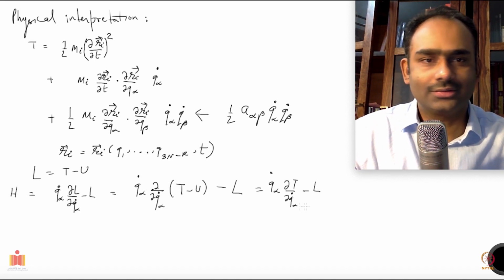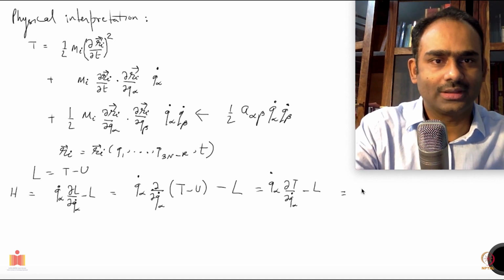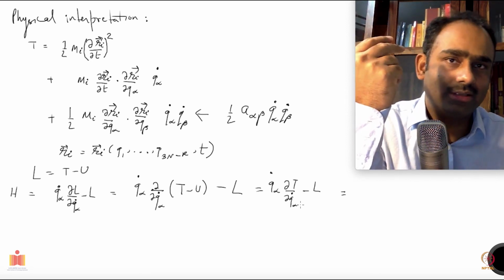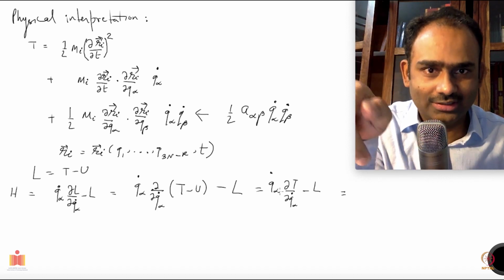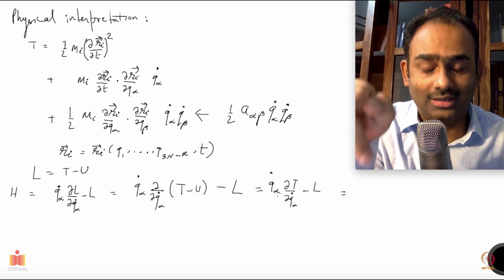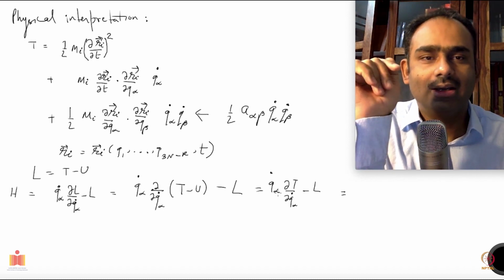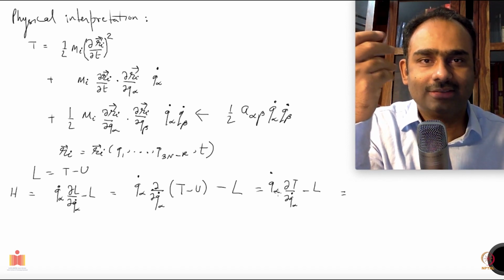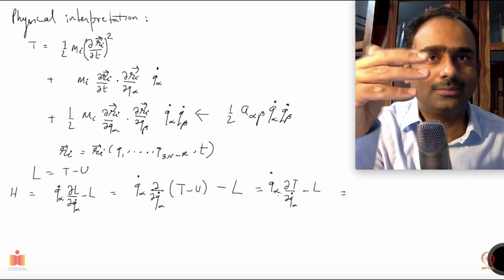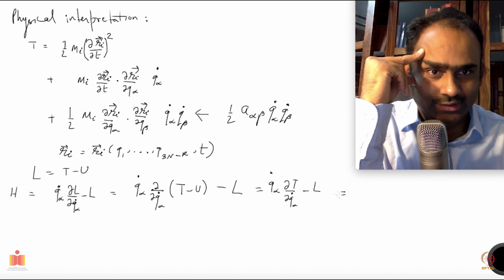Now we will use Euler's theorem, which says that if you take a partial derivative with respect to the velocity, multiply by that coordinate again, and sum over all the coordinates, then if the function is homogeneous, you will get the same function back multiplied by the degree of that function. Let me write it explicitly: q̇_α ∂/∂q̇_α.